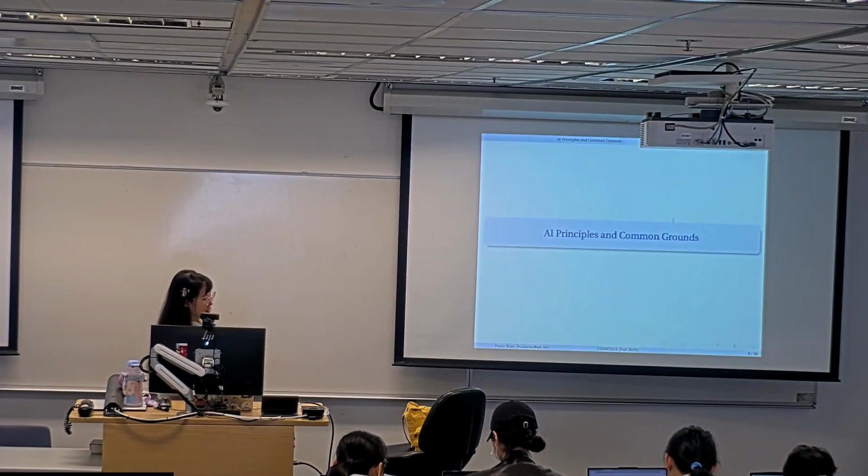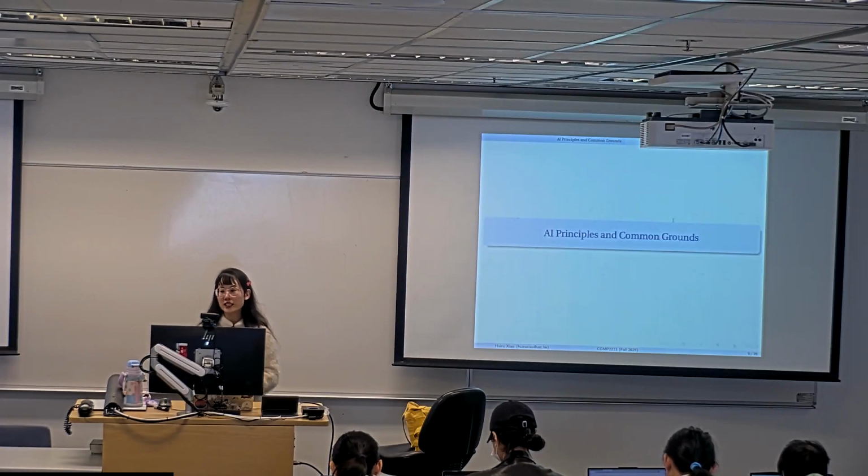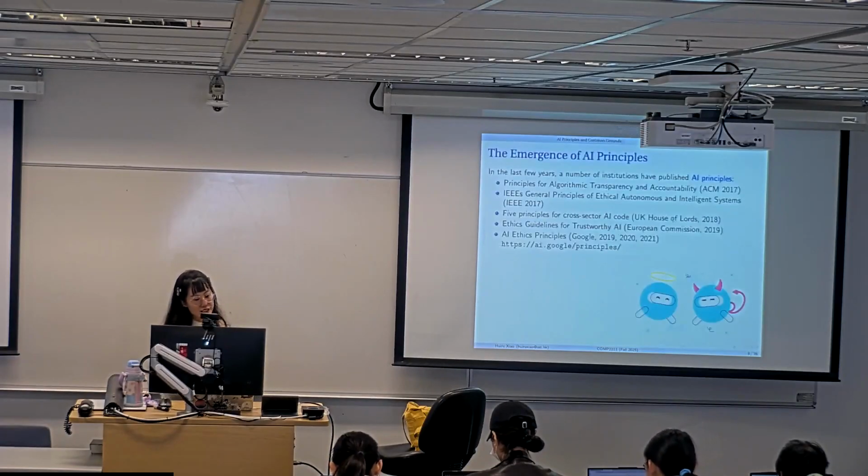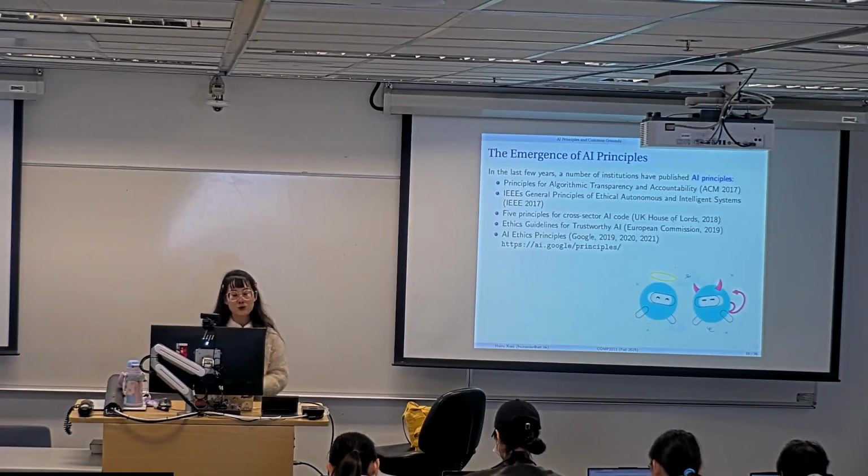In this case, one of the possible solutions is to build AI principles and some common grounds so that at least we can build up some consensus and let individuals and institutions follow. In the last few years, a number of institutions have published their AI principles.